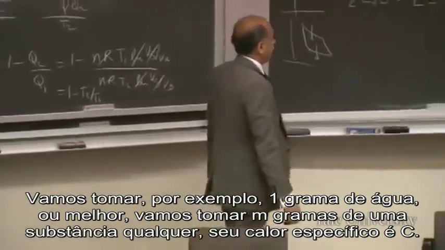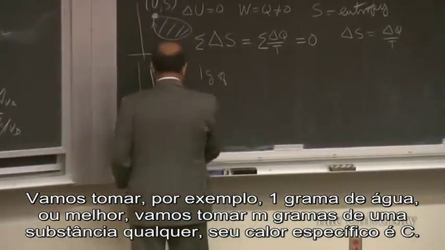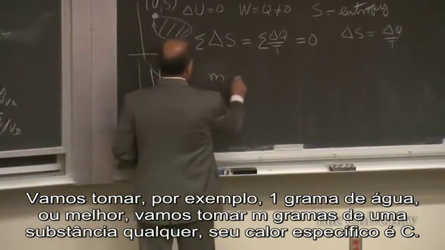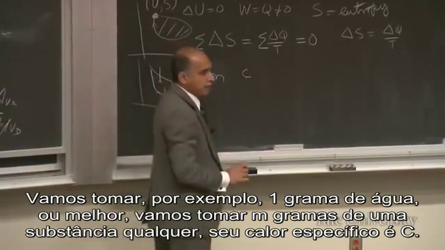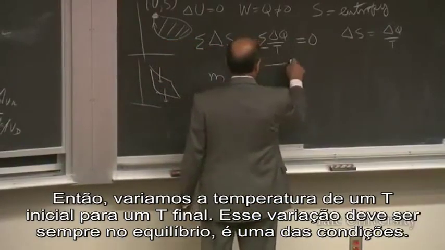So let us take, for example, 1 gram of water, or let's say m grams of some substance. It's got some specific heat, C. And I change the temperature, say, from some T initial to some T final.